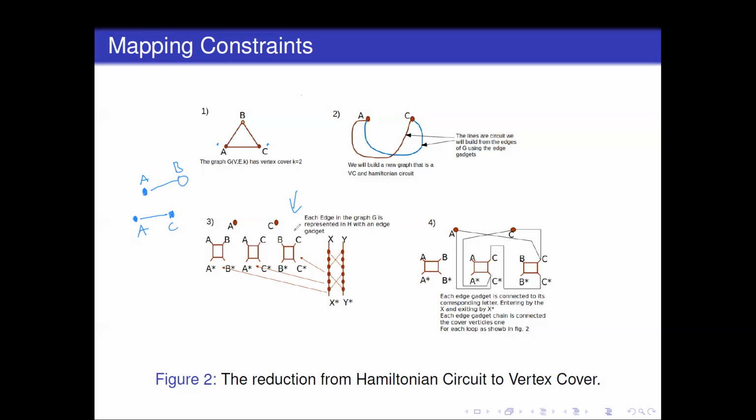How is this done? Well, this little switch here is an edge gadget. It says that you can either, in the case of AB, just go down here and you've covered all the vertices, or if you need to do this situation, you can go down there. Sorry, no, that's not right.